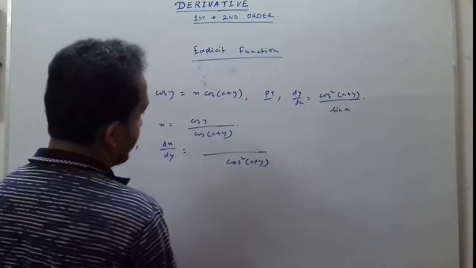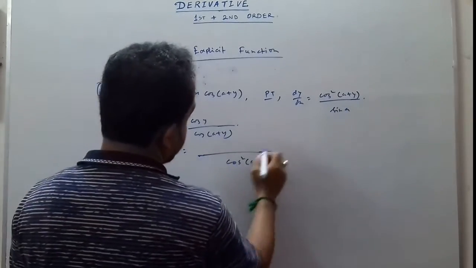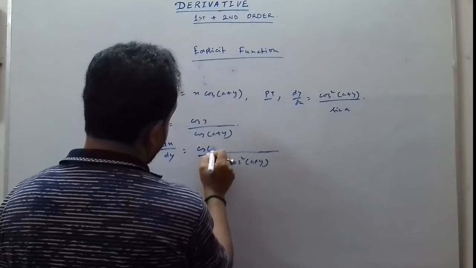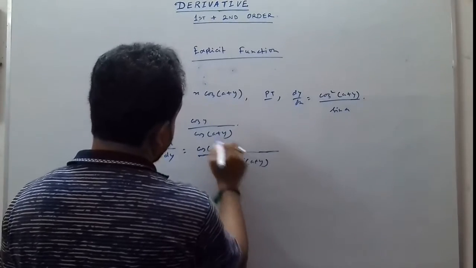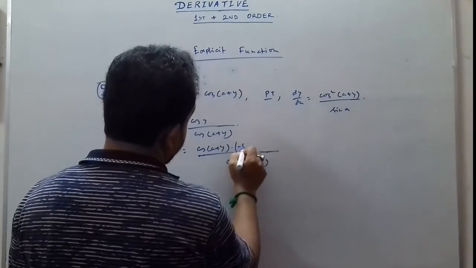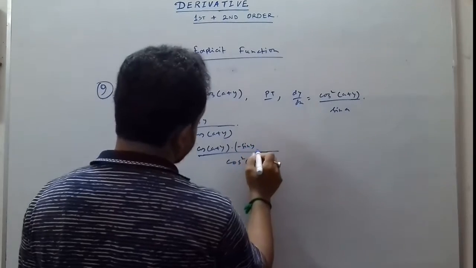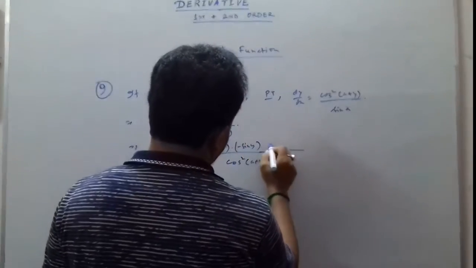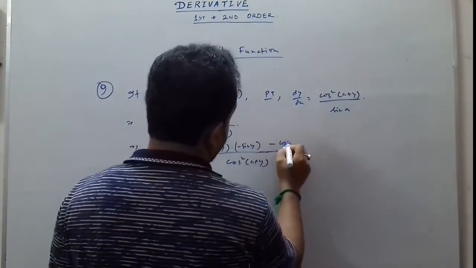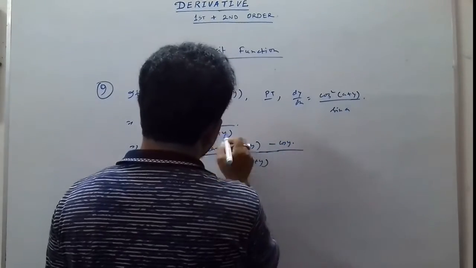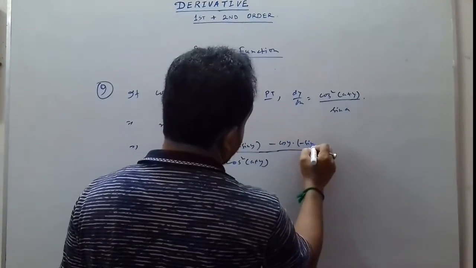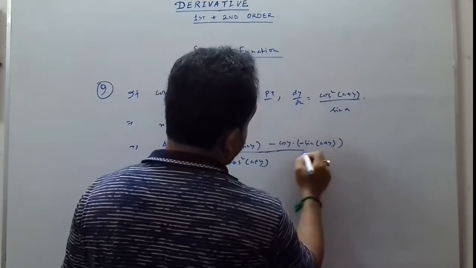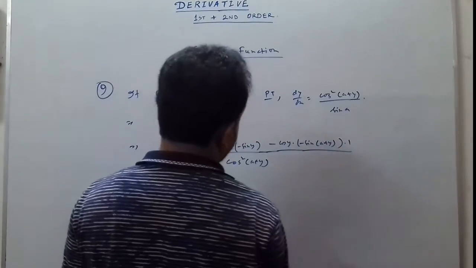Applying the quotient rule, we get cos square of a plus y in the denominator. In the numerator, cos of a plus y into derivative of cos y, that is minus sin y, minus cos y remains the same, the derivative of cos of a plus y is minus sin of a plus y, and the derivative of a plus y is equal to 1.